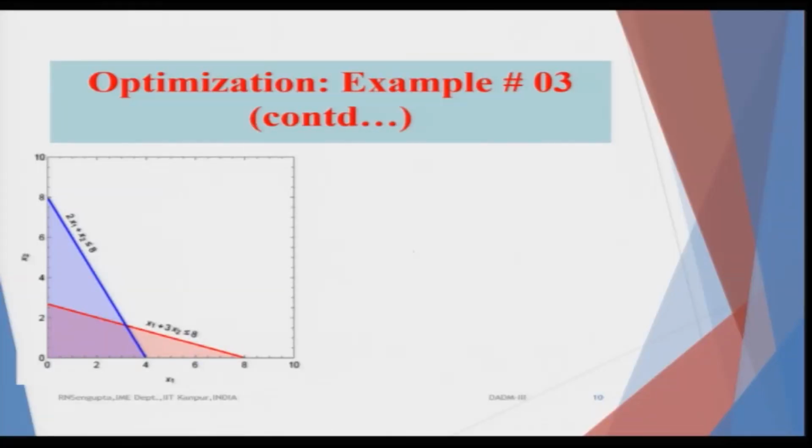Now, if you check the constraints, they were in this way: 2 x 1 plus x 2 is less than or equal to 8, where 8 is the number of hours, and x 1 and x 2 are the decision variables. In another case, it is x 1 plus 3 x 2 is less than or equal to 8. This is basically machine 1 and machine 2.